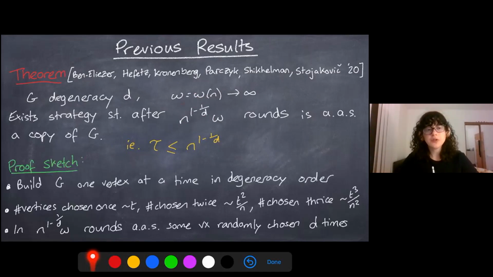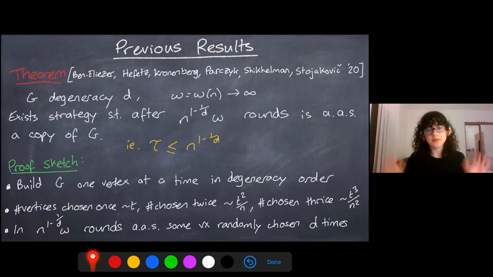So what you're going to do is use the degeneracy order. You're going to order the vertices such that each vertex has only D earlier neighbors, and you're going to try and build G one vertex at a time. Suppose you have K vertices. You split your n to the 1 minus 1 over D times omega total time into K blocks.